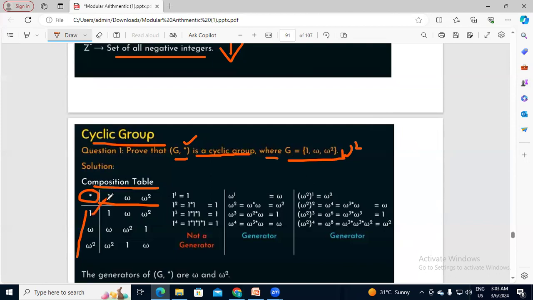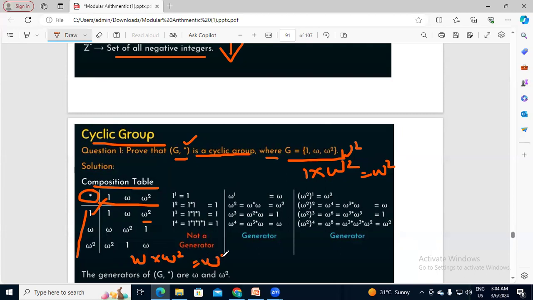So you can have 1 into 1 will be 1. 1 into omega will be omega. 1 into omega square will be omega square. In a similar way, omega into 1 will be omega. Omega into omega will be omega square, right? Now omega into omega square: try to understand, ideally it will be omega cube, but the last highest element we have is omega square.